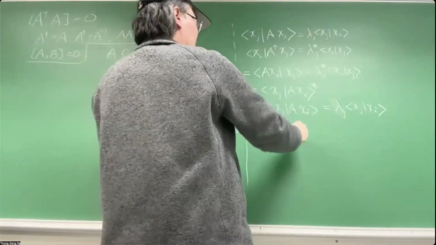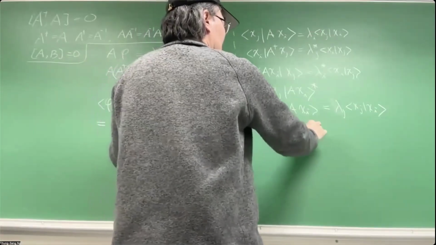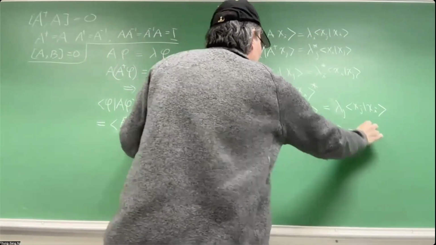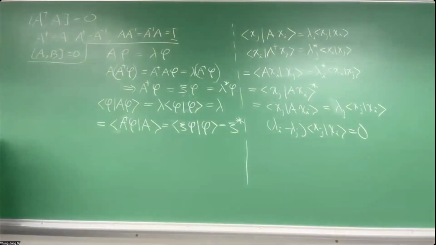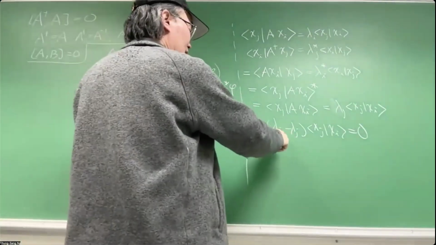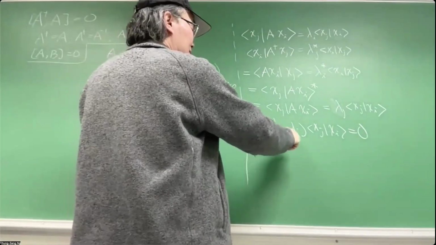And now you see that the left-hand side is of the same form as the first equation, and the right-hand side is not, so you can subtract the left-hand sides, which equals 0. The right-hand side is the subtraction of lambda sub i and lambda sub j multiplied by the scalar product of x sub i and x sub j. That equals 0.